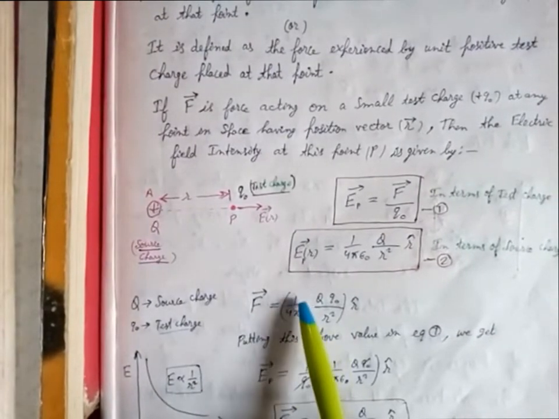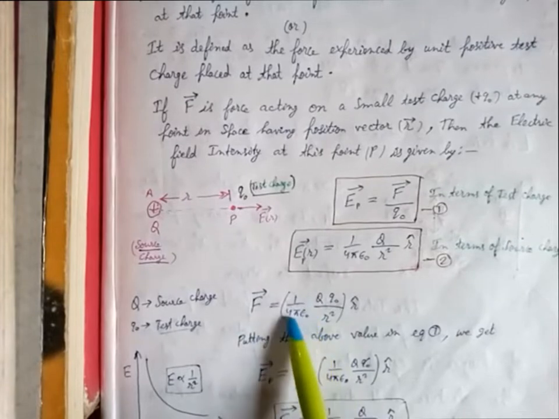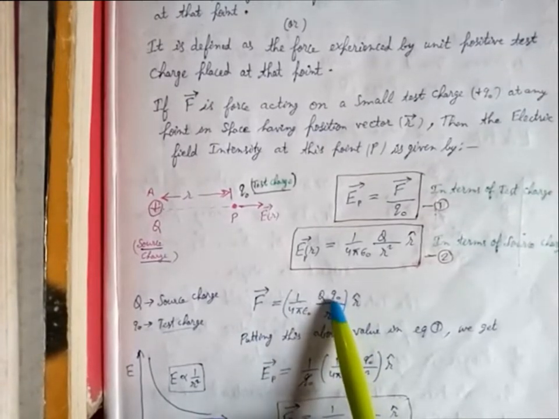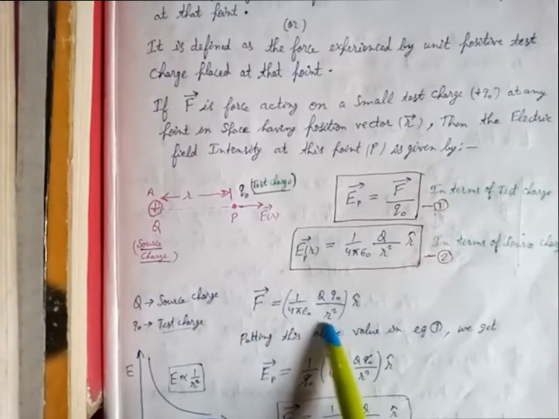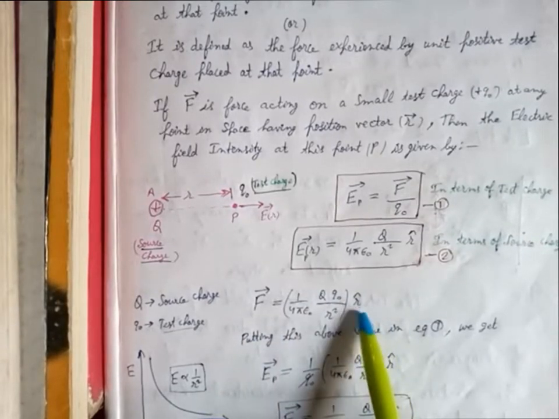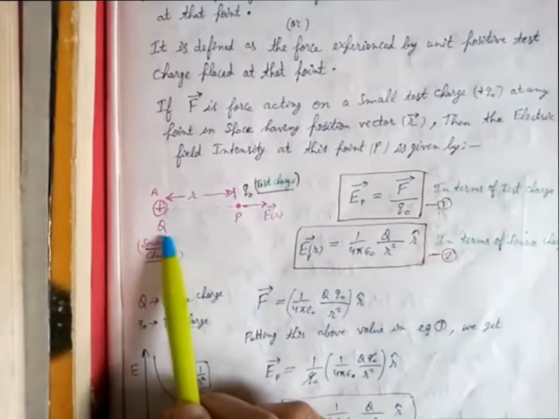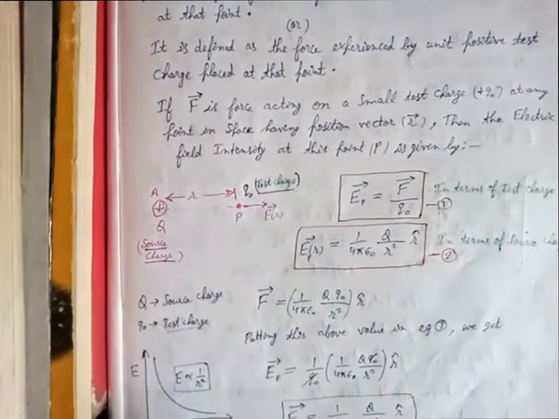As we know, the electrostatic force is equal to 1 by 4 pi epsilon naught, capital Q small q naught by R square into R cap.